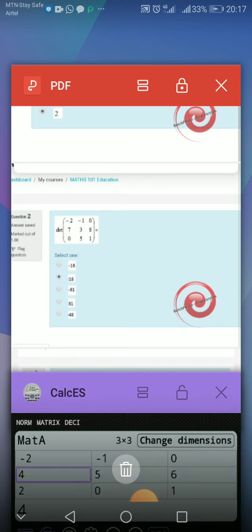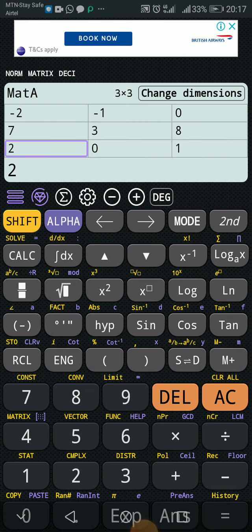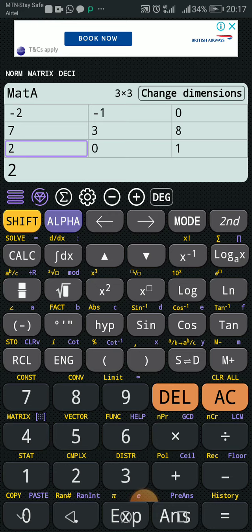The other one is 7 3 8, so I have 7 equal to 3 equal to 8 equal to, then the other one is 0 5 1. Okay, so 0 equal to 5 equal to 1. Okay, then equal to, it is stored already.